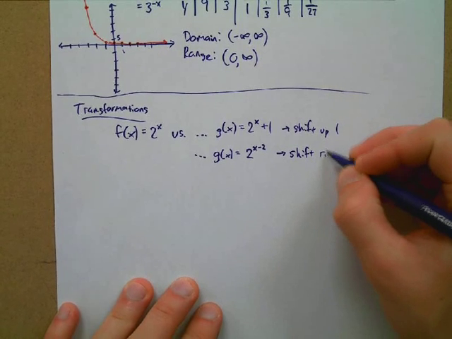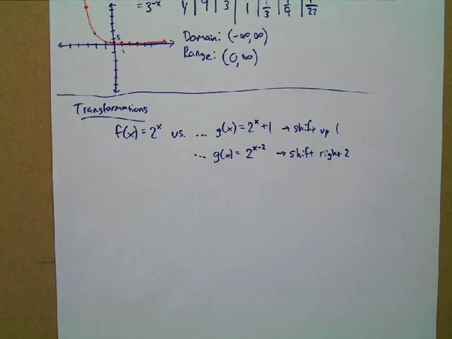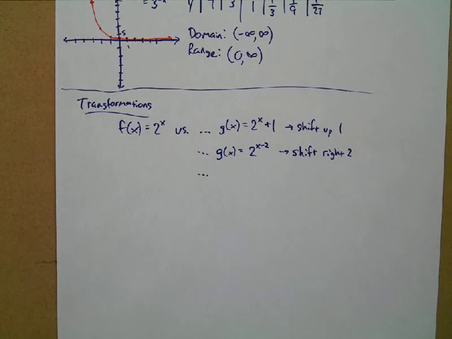Okay? And then g of x equals negative 2 to the x. I want to be careful how I write this. We'll do it like that. What kind of transformation will that result in? Flip over the x-axis, yeah, so a reflection over the x-axis.